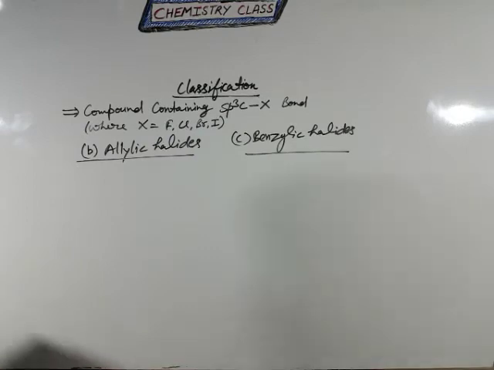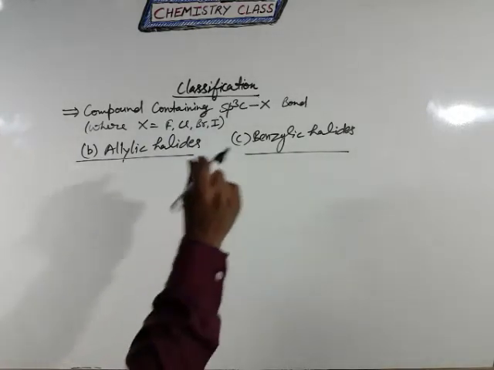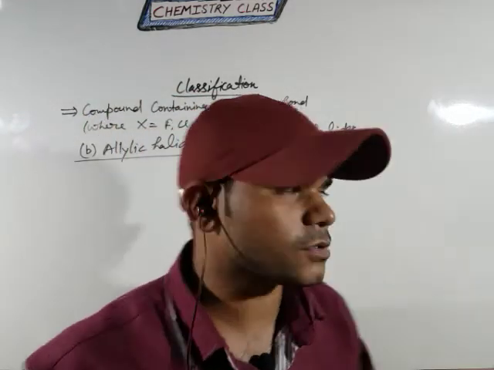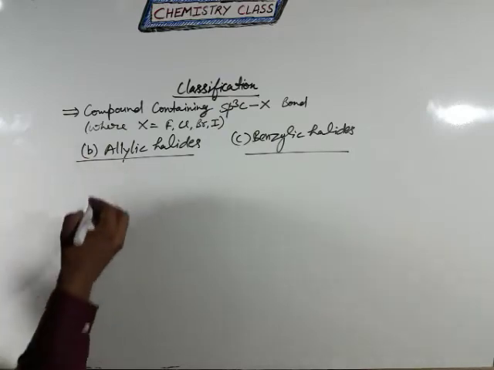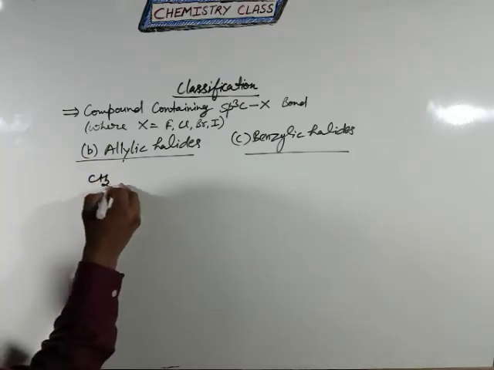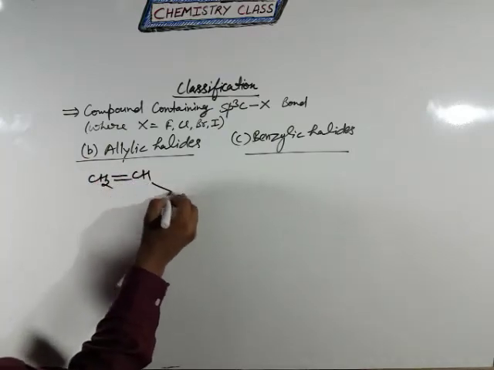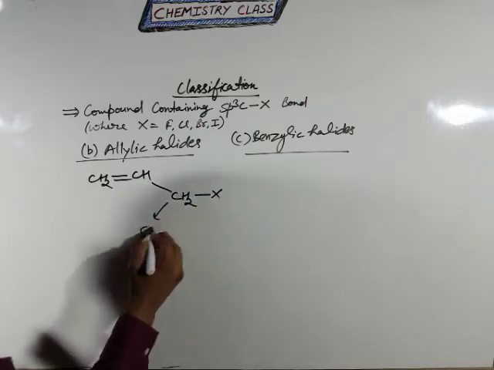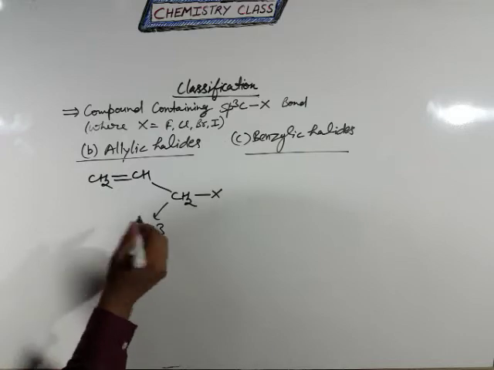Okay, now come to the classification based on hybridization, where we will discuss allylic halides and benzylic halides. So students, allylic halides means the parent carbon atom has sp3 hybridization. Clear?